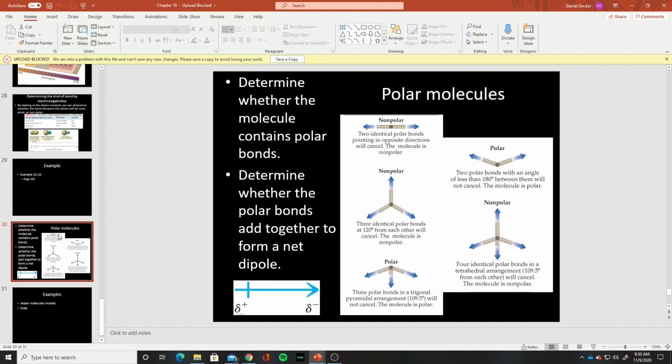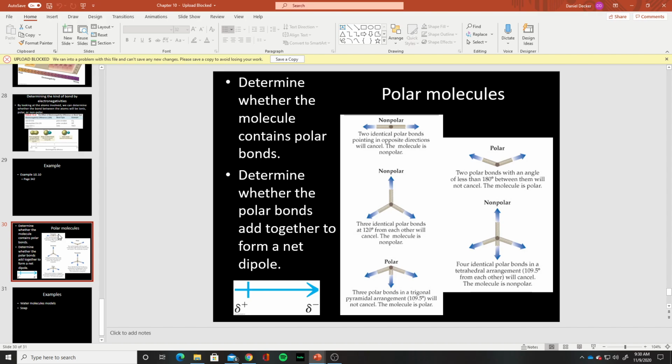So if you have polar bonds with a molecule that is not 100% symmetric, so again, it's not good enough for it just to be symmetric along one axis. It has to be completely symmetric. If it is completely symmetric, then it cannot be polar. But if there are any modes of asymmetry, then it will be polar, assuming that it has polar bonds.